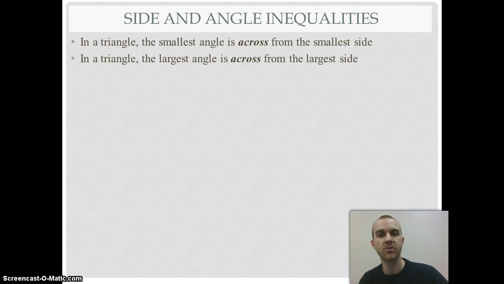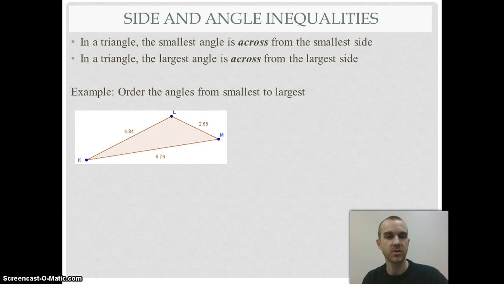Now another thing we know from the inequalities is that across from the smallest side is the smallest angle, and across from the largest side is the largest angle. And that can be helpful. So if I want to order my angles from smallest to largest, I'd look for my smallest side, which is the 2 65/100ths, and opposite it will be my smallest angle, angle K, or LKM.